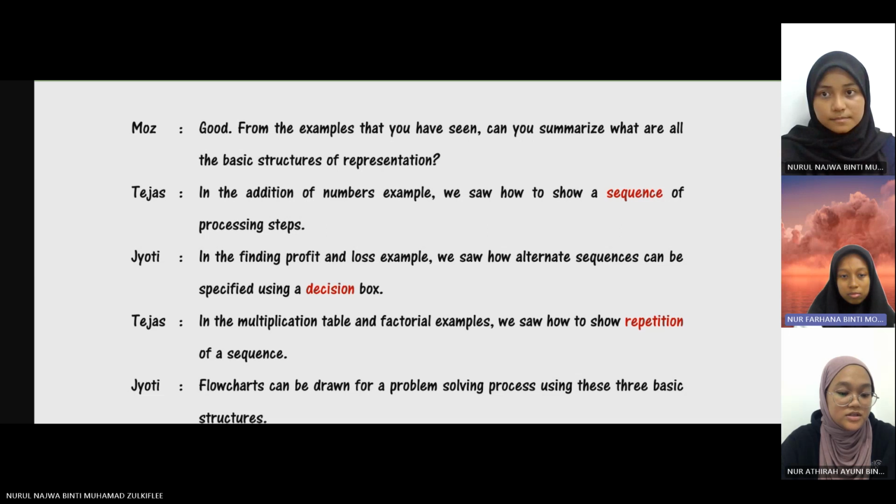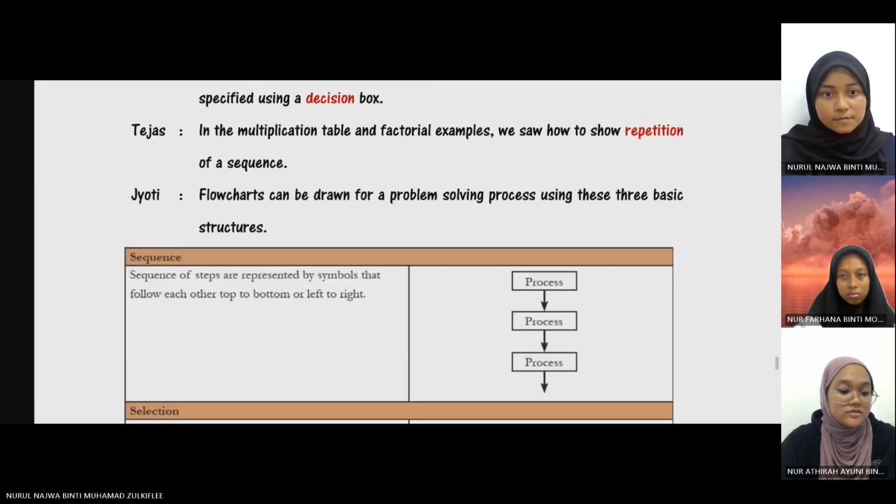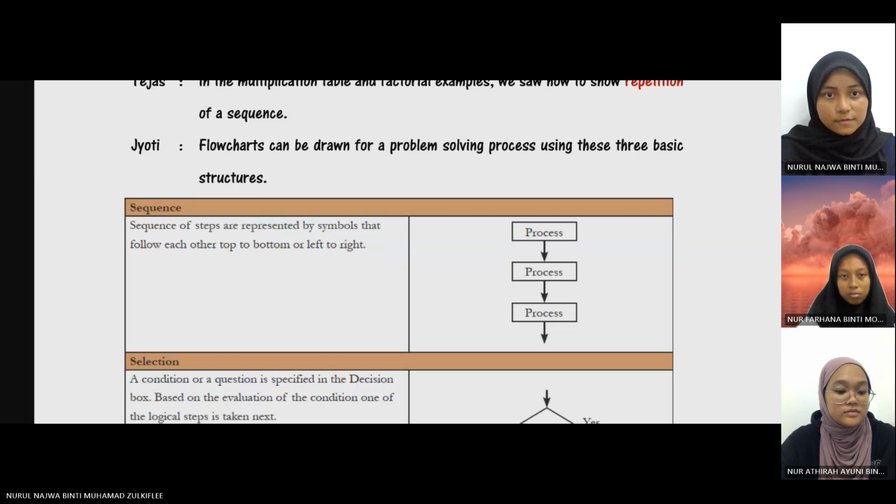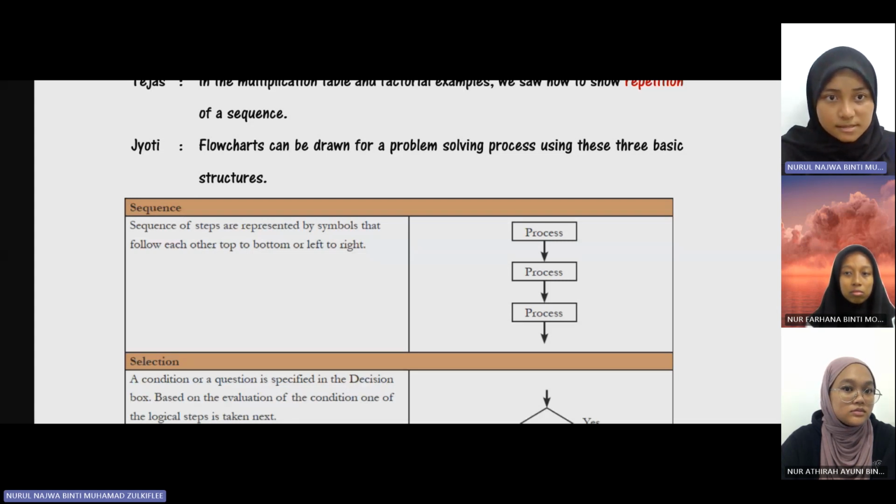In the multiplication table and factorial example, we saw how to show repetition of a sequence. A flowchart can be drawn for a problem-solving process using these three basic structures.